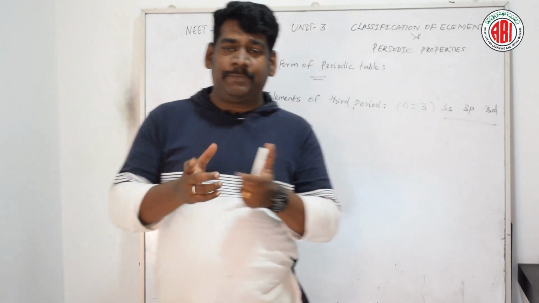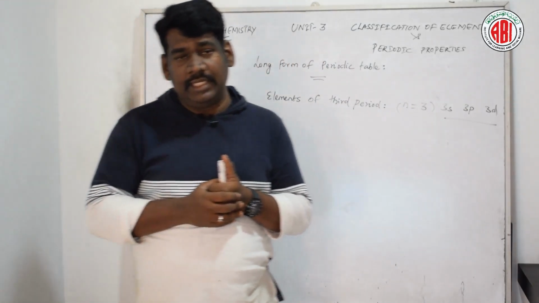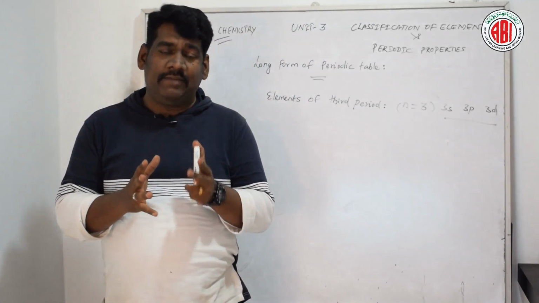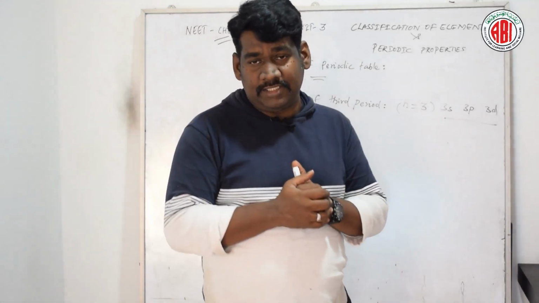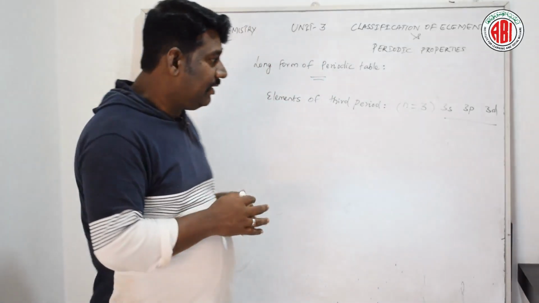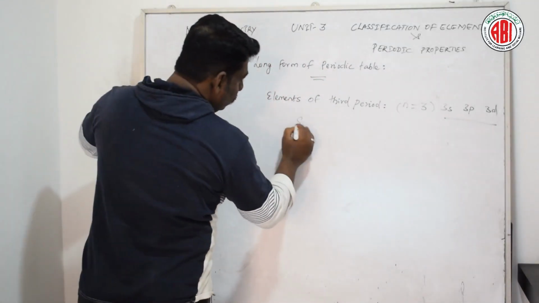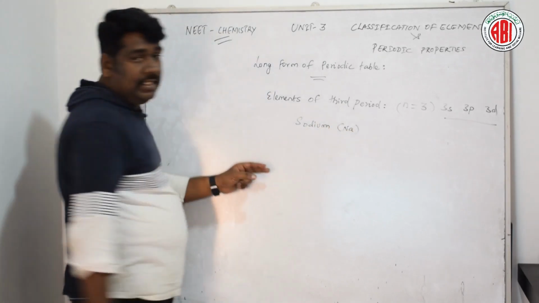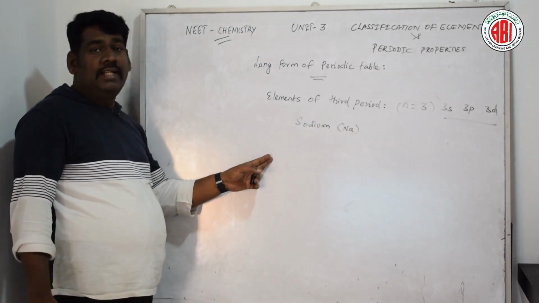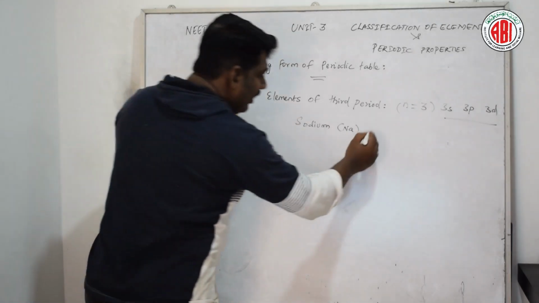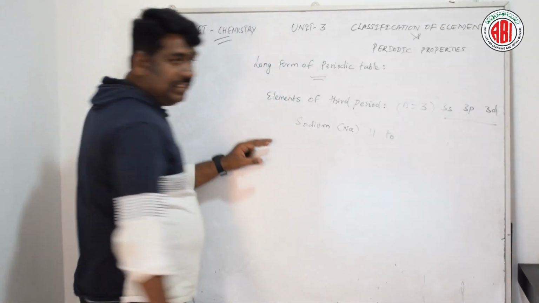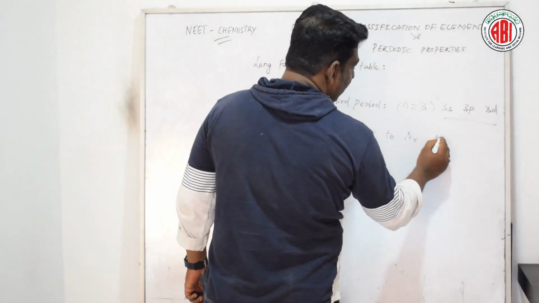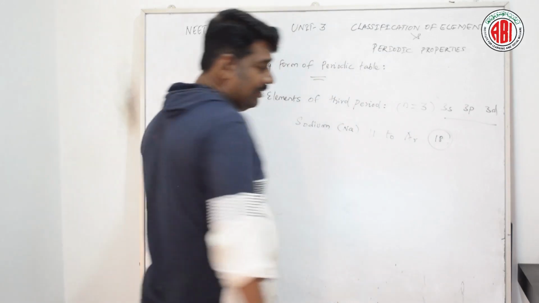So in this particular period, only 4 orbitals are being filled, containing 8 elements. These 8 elements start from sodium, Na, which has the atomic number 11, and end with argon, which has the atomic number 18.